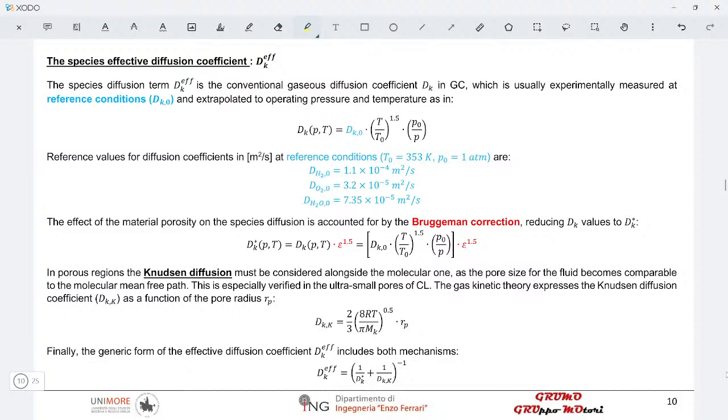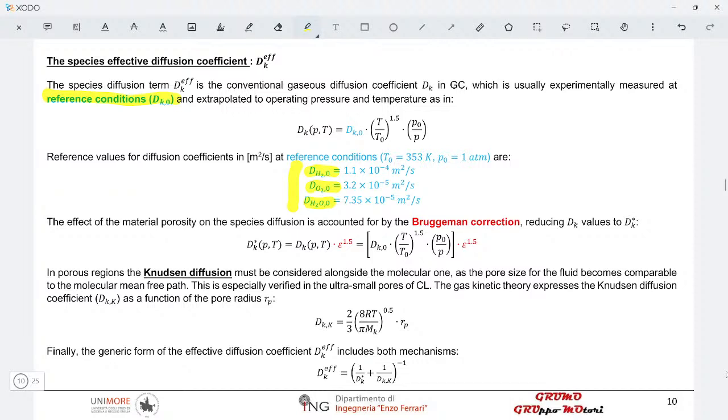Typically, these diffusivity coefficients, which are here represented as D_k0, where 0 means at reference conditions, you can find quite easily in databases, in your CFD software, or in generic tables. And these are the most common values that you might find here for hydrogen, oxygen, and water.